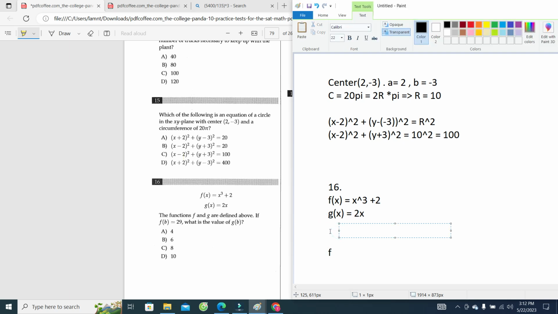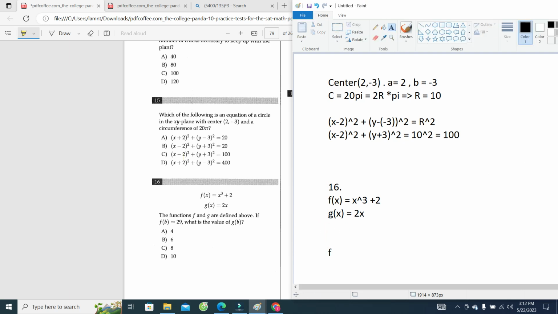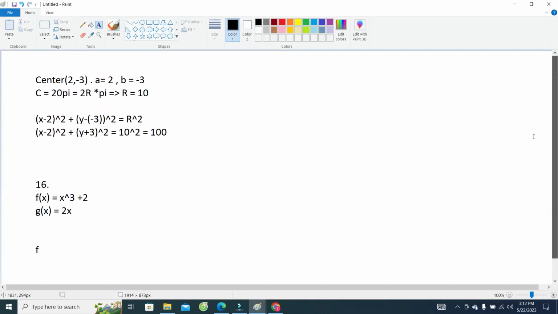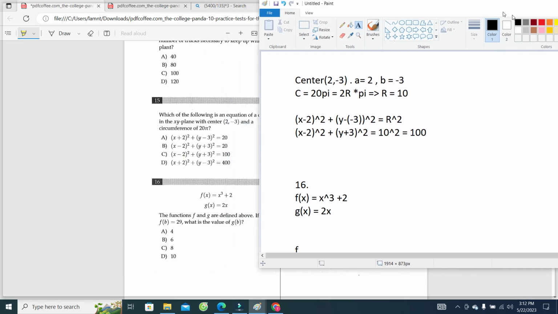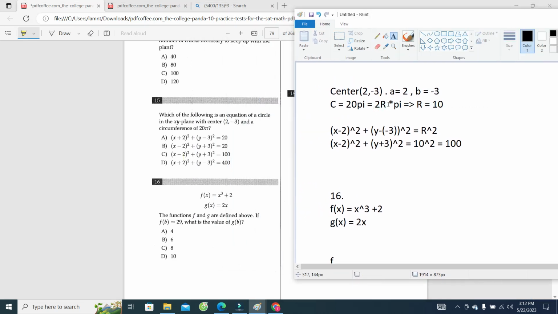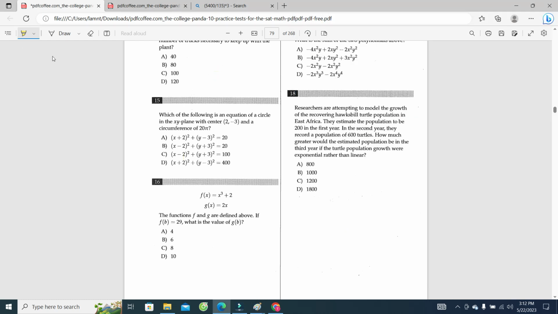Okay, so for 15 we have C, so I have to mark it. 15 is C.